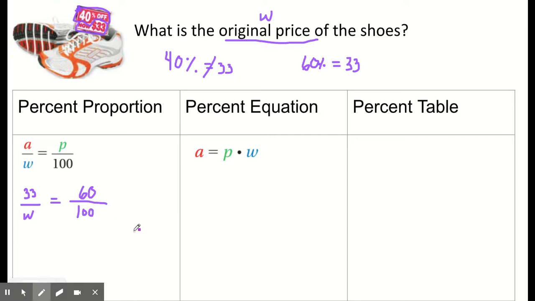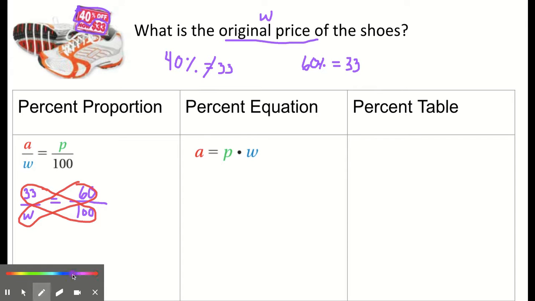All right, so let's go ahead on this question. I'm going to actually use the cross products. So multiply these two, and then multiply these two, and make them equal to each other. So I get 60W is equal to 3,300.